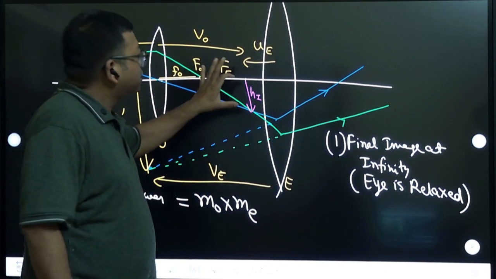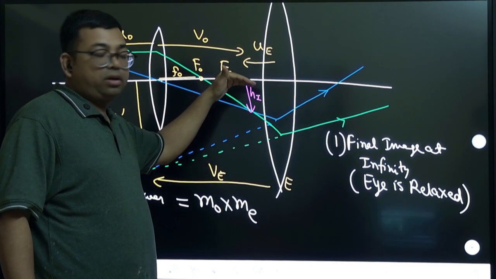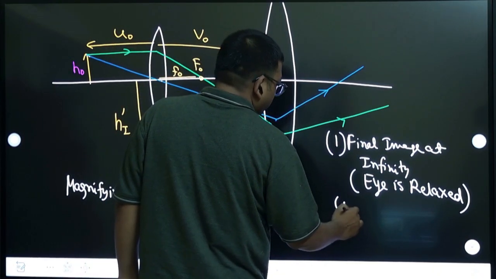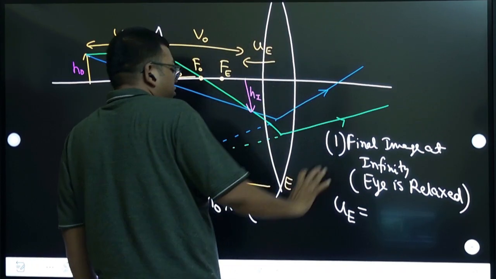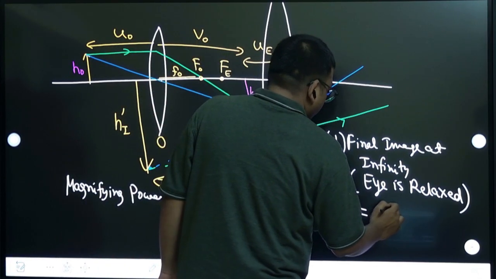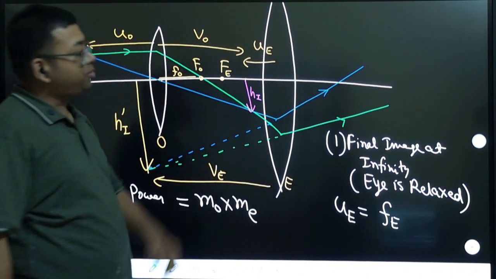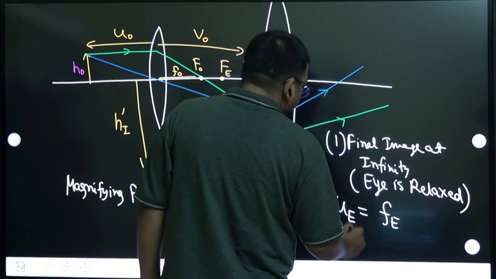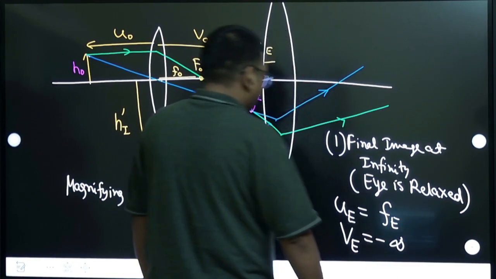That means the image by the objective is forming at the focus of the eyepiece. So the object distance for the eyepiece is the focal length. We are talking about distance, not writing the sign, so I will write it is equal to the focal length, or with sign I can put minus f. And the image is forming at infinity for the eyepiece, minus infinity.